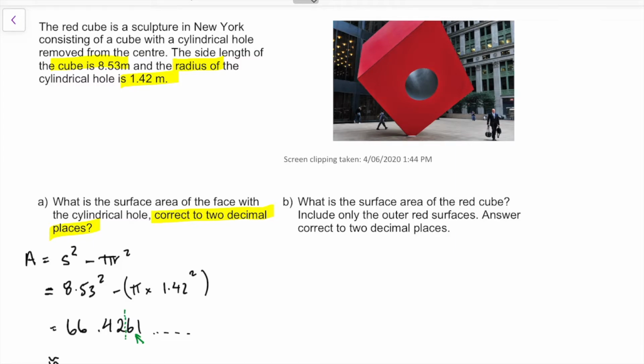So we want our squiggly equals sign, which is our approximately equals sign, and then 66.43. Now the only thing missing from my answer here is meters squared. So it's units squared this time because we are using area, not volume. So this one's just area.